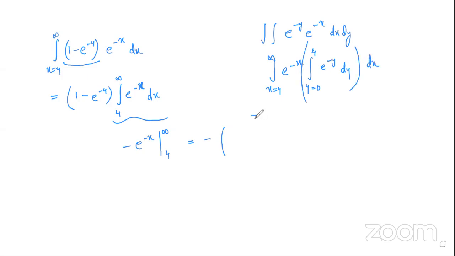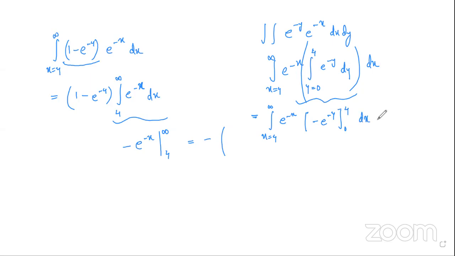Is this correct? Yes, ma'am. So x equal 4 to infinity, e to the power minus x. Now alone this part, you are getting minus e to the power minus y, 0 to 4, right?